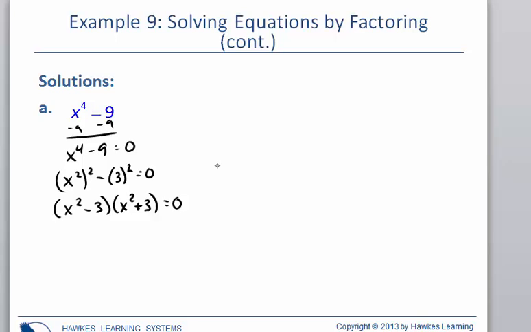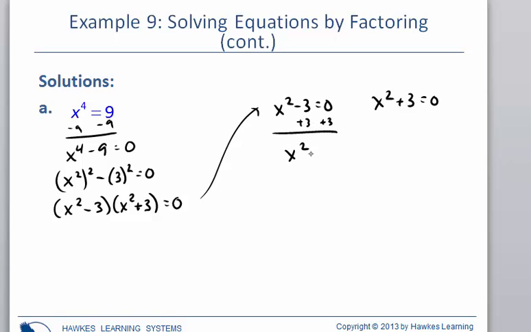And if we set each of those equal to 0, x squared minus 3 is equal to 0, x squared plus 3 is equal to 0, and we work at solving. On the first one, we would add 3 to both sides, giving me x squared is equal to 3, and then take the square root. So x is equal to positive or negative square root of 3.